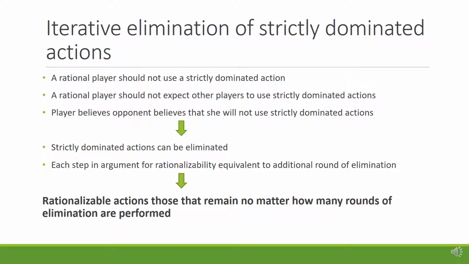So this tells us that these actions have to be best responses since they are never strictly dominated. These actions give the players the highest payoff that they can expect given the belief that they have on the other players' strategies. So these actions, which are rationalizable, are those that remain no matter how many rounds of elimination we go through in this iterative deletion process. We'll see what this iterative deletion is in the next part.